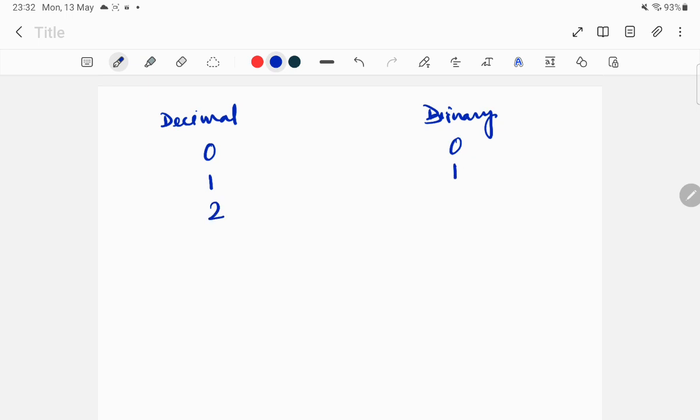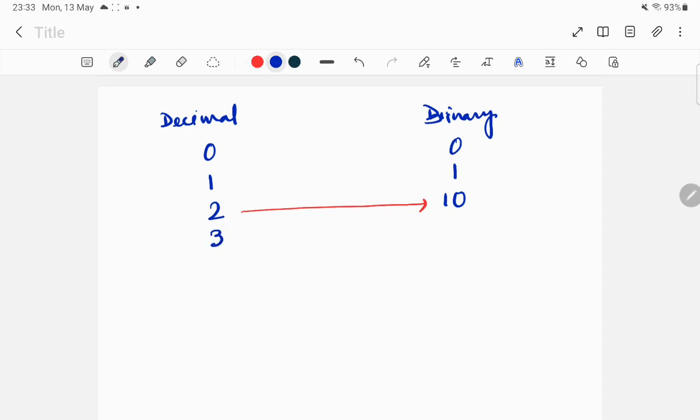For example, say we have decimal here and binary here. Decimal 0 is binary 0, 1 is binary 1, decimal 2 is binary 10. I will say try to do the conversion; we have already discussed how to convert decimal to binary, so if you have a doubt, you can try it at home.